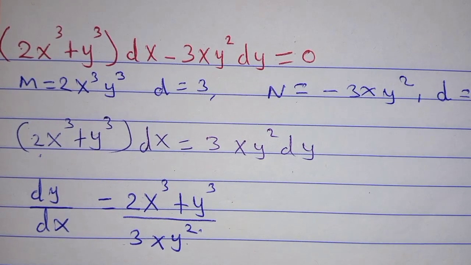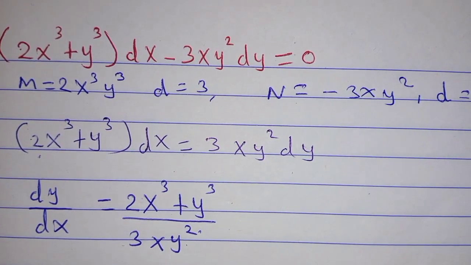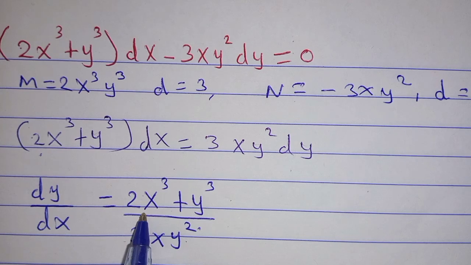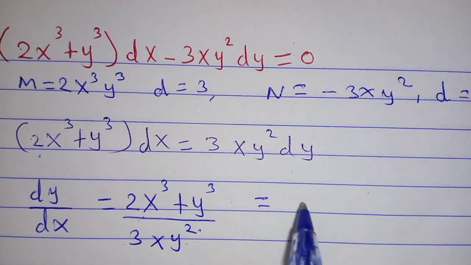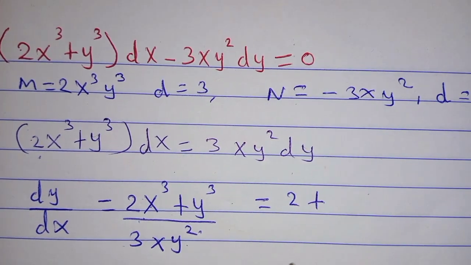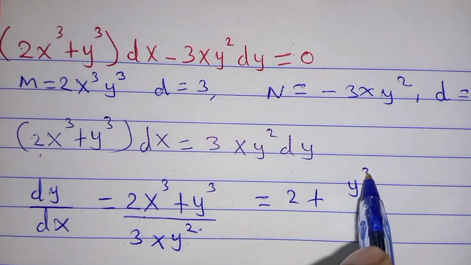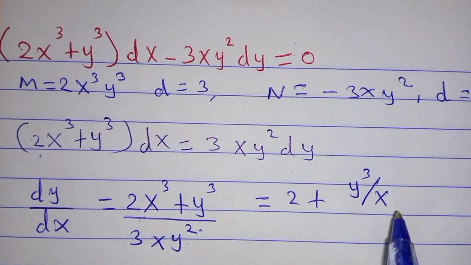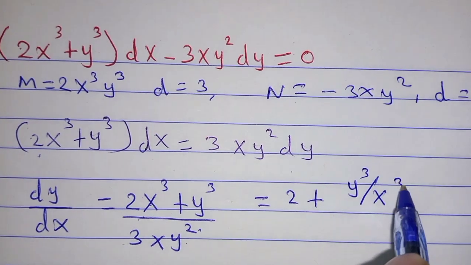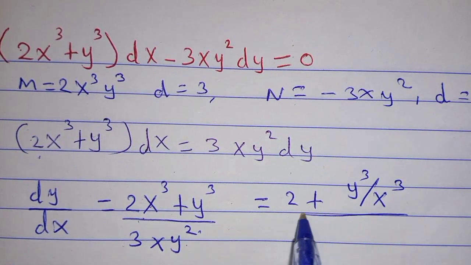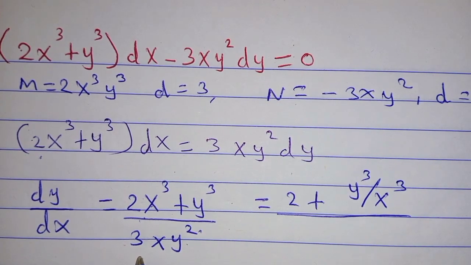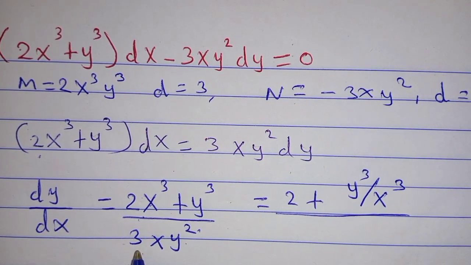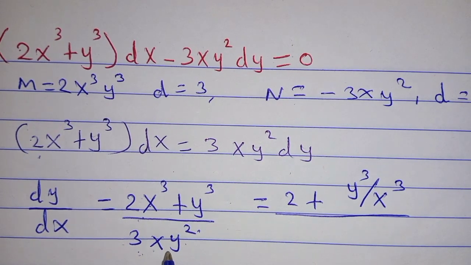Next, we want to divide it by x cubic. So when we divide it by x cubic, here we are going to be left with the 2 plus y cubic over x cubic, divided by, you can see here we have 3x and y squared.